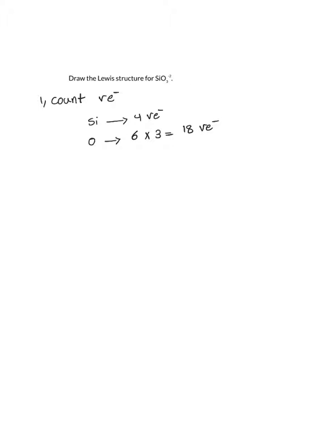The negative charge here means we have an anion. And when we have an anion, that means we have additional electrons in the molecule. Here the anion has a 2 minus charge.